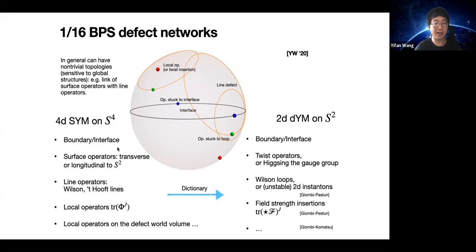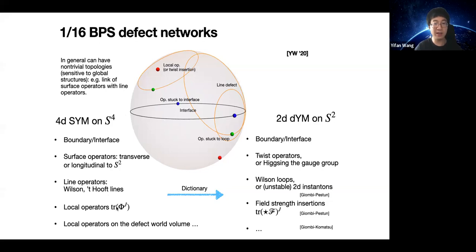It can have surface operators, either transverse or longitudinal to S2. So it can either wrap this S2 or intersect this S2 transversely at two antipodal points. It also includes line operators of arbitrary shape on S2. These orange lines are line operators. And it can also include 't Hooft line operators, but on circles that link with this two-dimensional sphere inside S4.